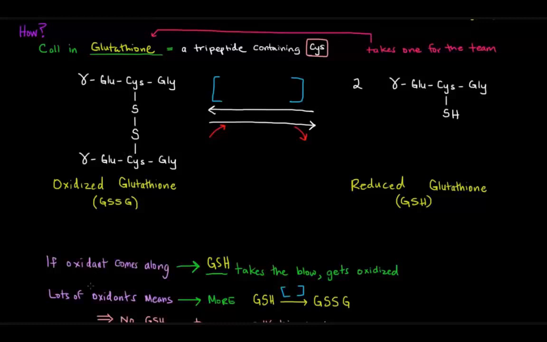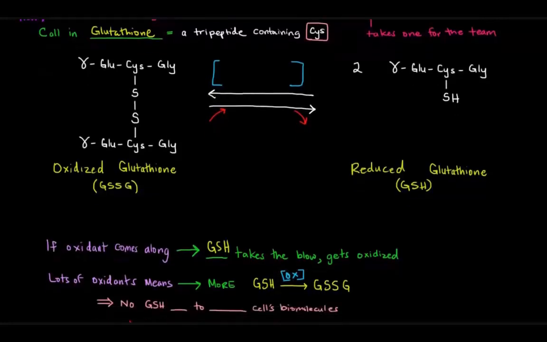Now, if lots of oxidizing agents come along, lots of oxidants, what would happen? Well, that means we'd have more GSH, this reduced glutathione, get oxidized into this oxidized form. So we'd have a bunch of GSH being oxidized into GSSG. Okay, so what if this keeps happening?